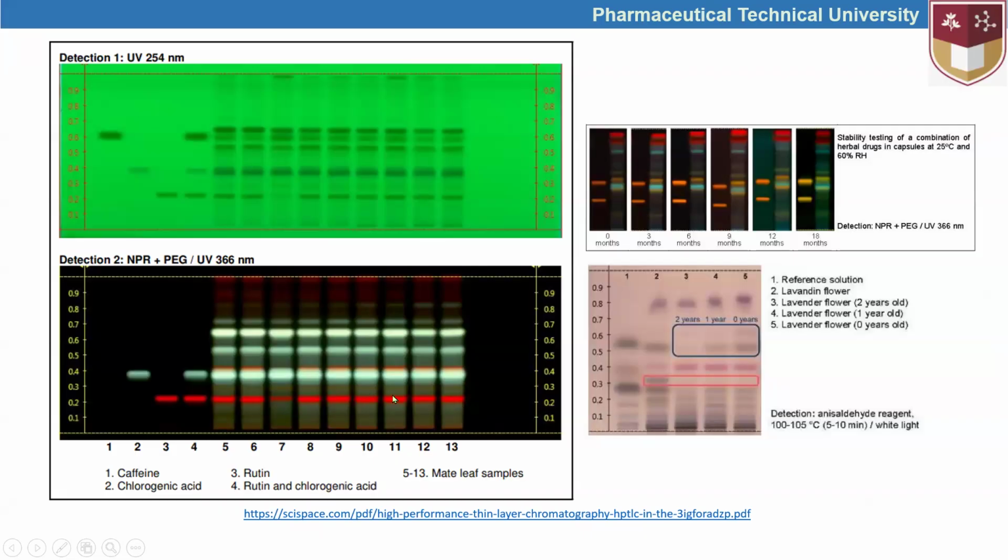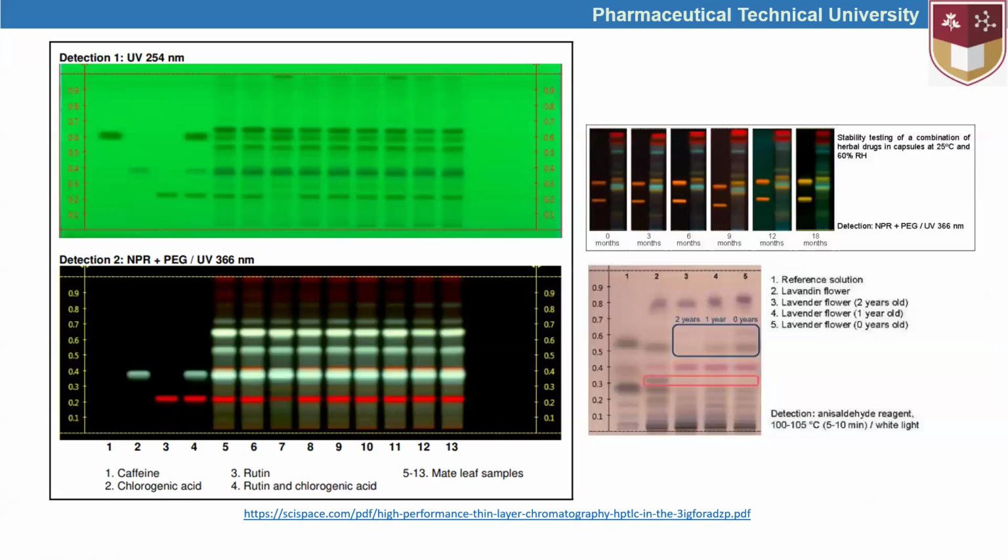So in the pharmaceutical industry or the cosmetics industry, modern updated versions of thin layer chromatography can be effectively used, as indicated in these photos. Here we can see its UV figure at 254 nanometers, and here 366 nanometers.